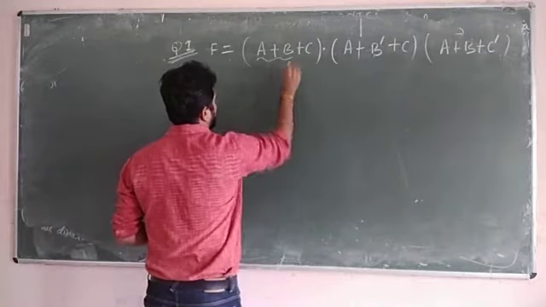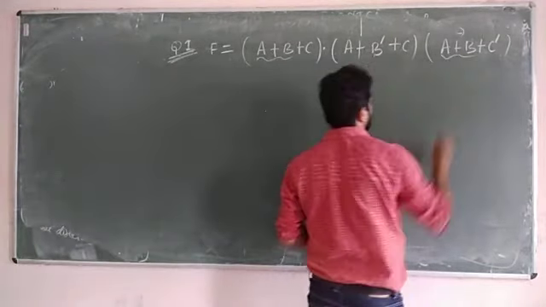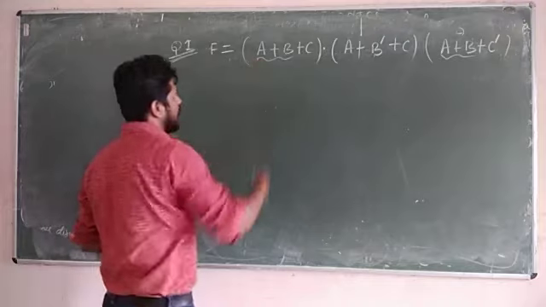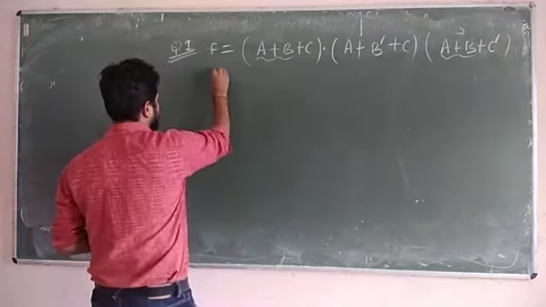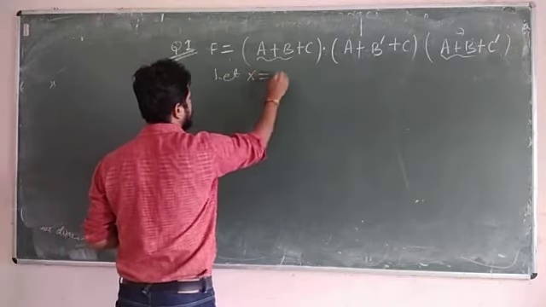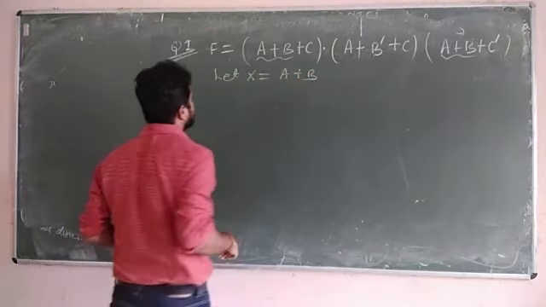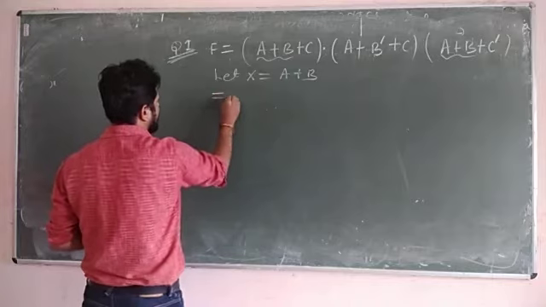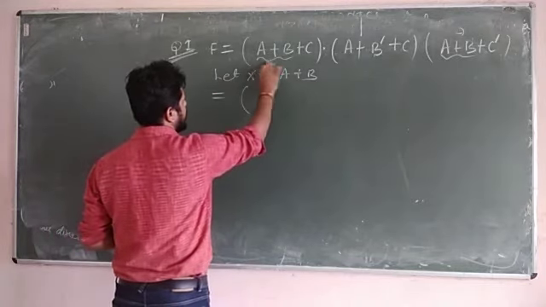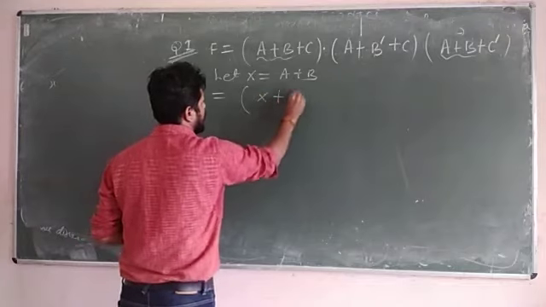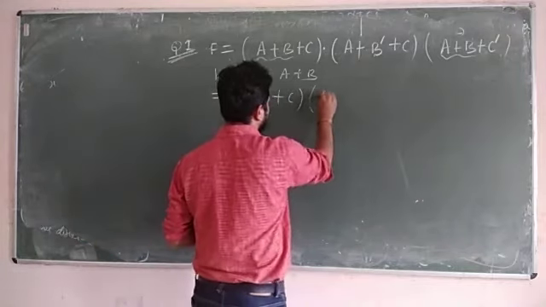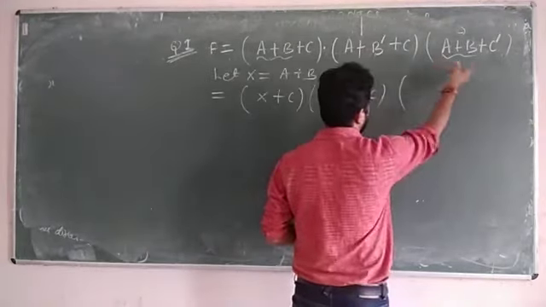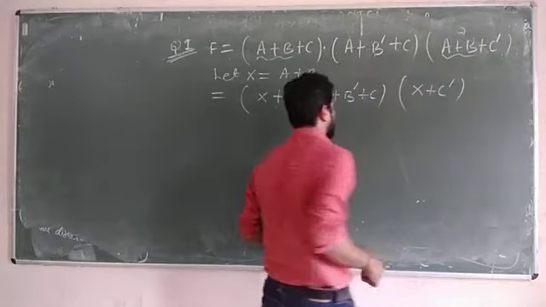You can notice here that A or B is common. Whenever more than two variables are present and that is common, let's assume it as another variable, that is X is equal to A or B. By putting this X value in this equation, this becomes (X or C), then (A or B complement or C), then again (X or C complement).